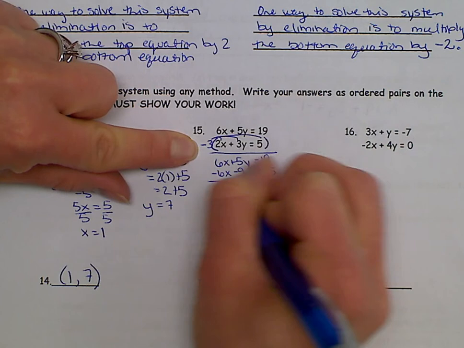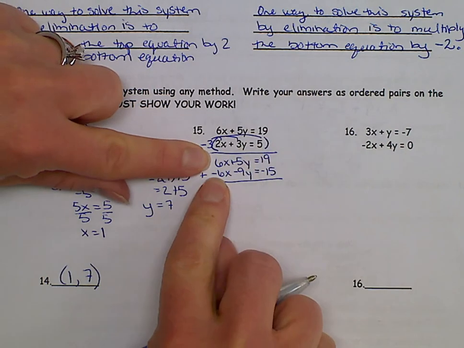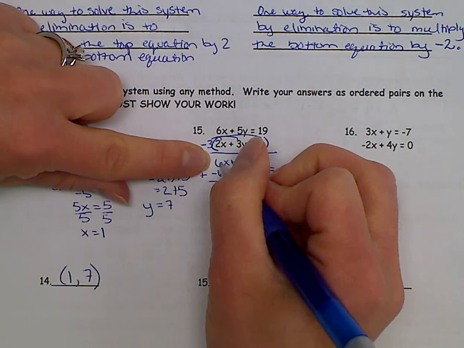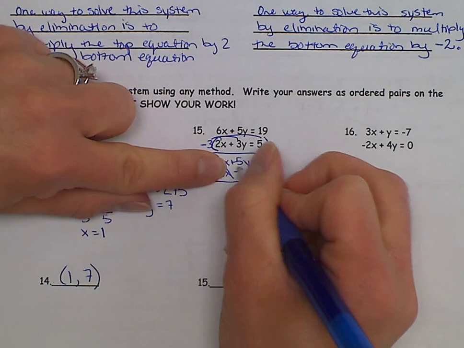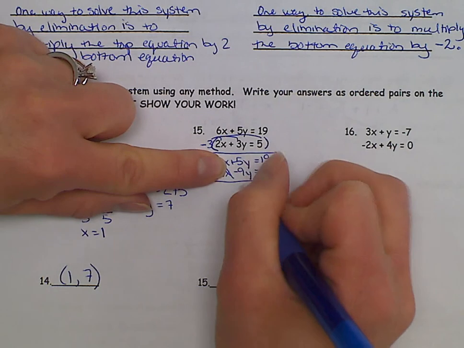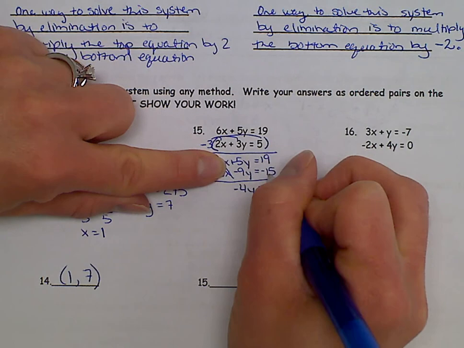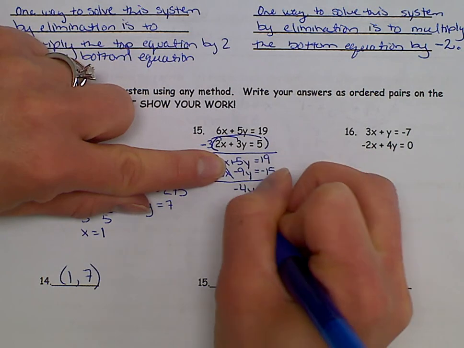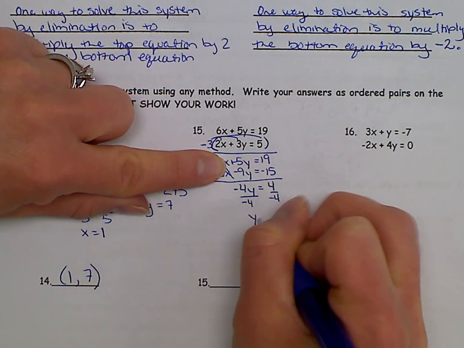But now I have the same coefficient in front of x, but with opposite signs. So I can add. 6x plus negative 6x cancels out, it's 0. 5y plus a negative 9y is negative 4y. 19 plus a negative 15 is 4. I divide both sides by negative 4. We get that y equals negative 1.